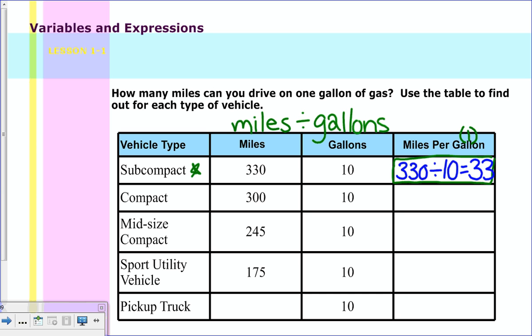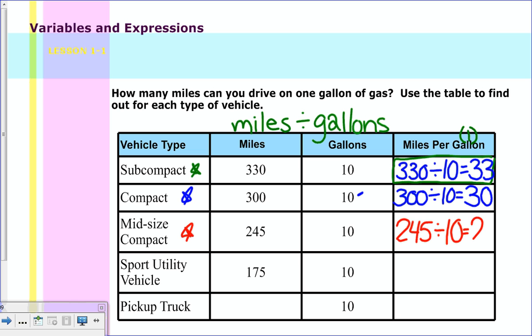I can do the same with the compact now. Same idea occurs. I'm going to take those miles, divide it by how many gallons, which is 10, and I get 30 miles per gallon. Then I have the mid-size compact, so we're getting a little bit bigger as we go along. That vehicle can go 245 miles on 10 gallons of gas.